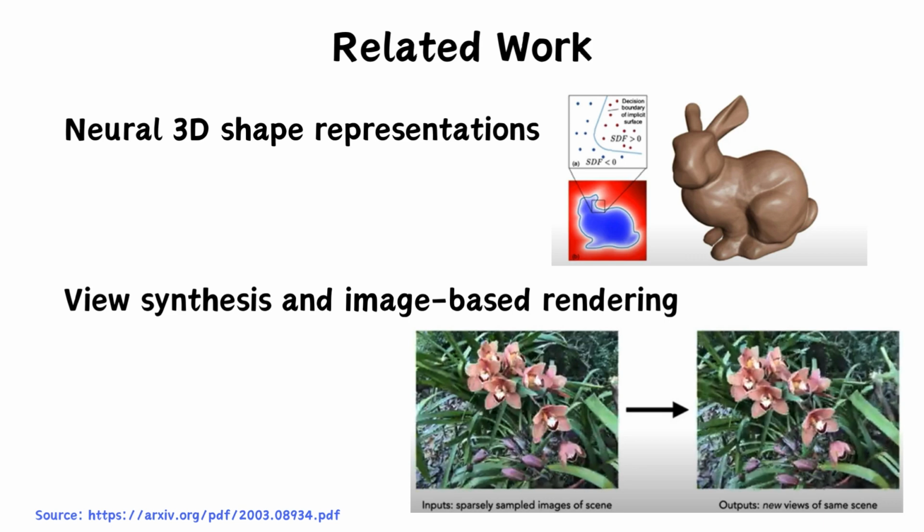Neural 3D shape representations have investigated the implicit representation of continuous 3D shapes as level sets by optimizing deep networks that map XYZ coordinates to signed distance functions or occupancy fields. These models are limited by their requirement of access to ground truth 3D geometry, typically obtained from synthetic 3D shape datasets such as ShapeNet.